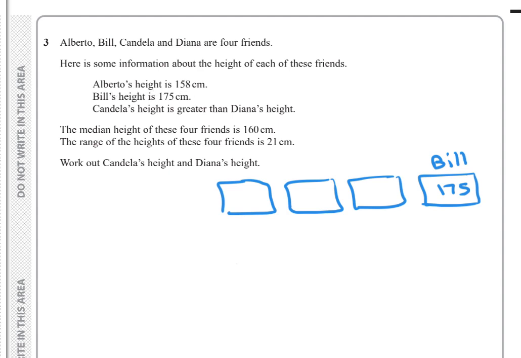We have the range 21. 175 minus 158 equals 17, so Alberto cannot be the shortest one. And we have Candela and Diana. Candela's height is greater than Diana's height, so Diana is the shortest one.